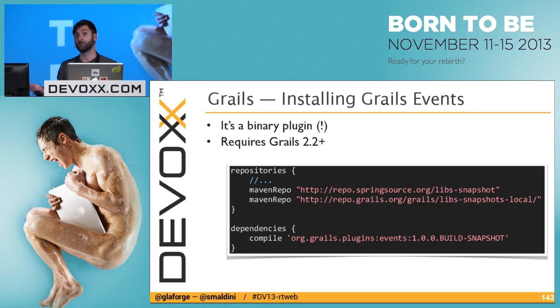That means it needed to be precompiled to apply the transformation to your code. The plugin injects a few methods in your services and your controllers, but the injection is done statically. It's statically compiled. So if one day you add CompileStatic in your controller or your service because you want your Grails application to be as fast as Java could be, well, the events plugin is ready for that.